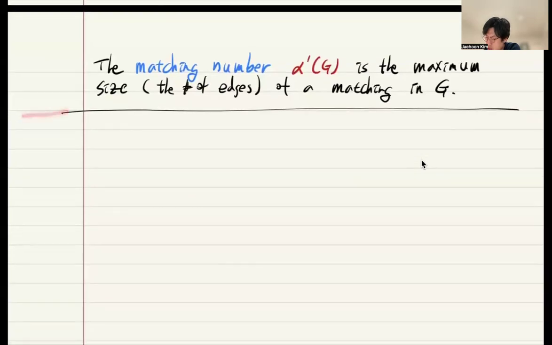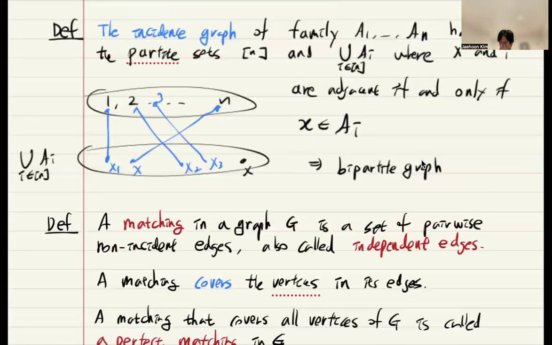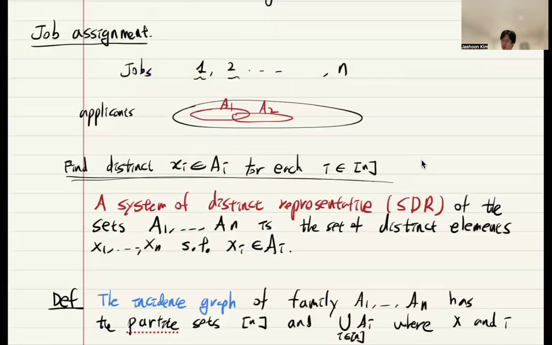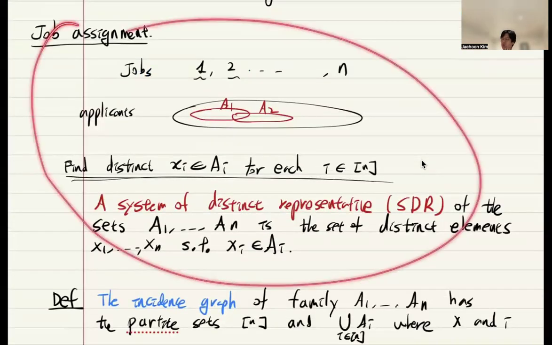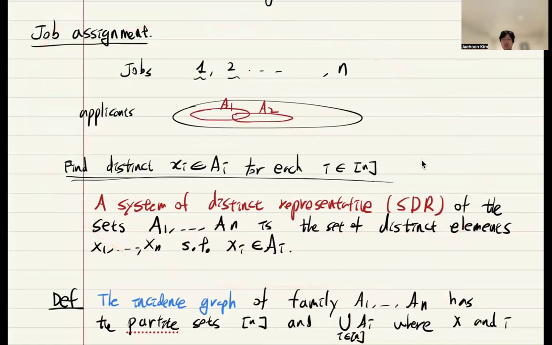And first, what we want to do is we want to study about the matchings in bipartite graph first. As we saw this natural problem of job assignment, which also can be formulated in different way. You can consider this as not job and applicant.